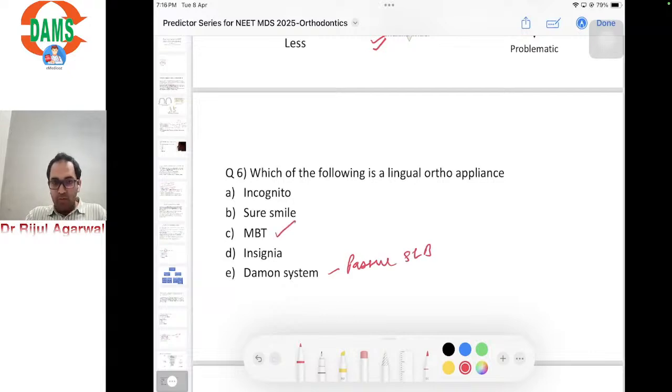MBT you know. Okay, Clarity is a customized bracket. Means they are not customized according to the patient.